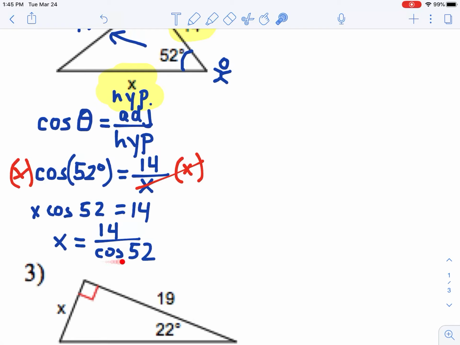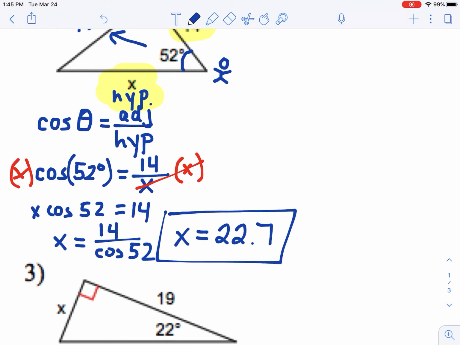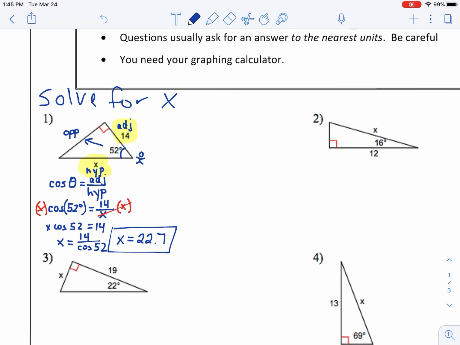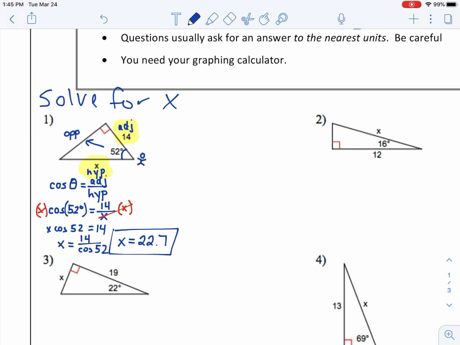So this is what you are typing into the calculator. If I hit enter, I get that x, I didn't tell you what to round to, x is equal to 22.7. Okay? I should have said round to the nearest tenth. Were you able to get that in your calculator?